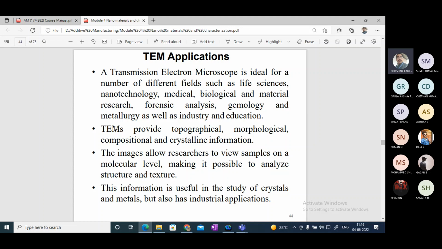Another one, the study of crystals and metals can even be done in industries. For a very specific type of hardness or hardening, or any kind of treatment you need to give, when the material is very sophisticated, we can visualize its microstructural characters and decide what level of hardness, HRC, is required. That is another important thing. So we can use it in all these ways, but for almost all materials we cannot use it unnecessarily. It is a costlier process.